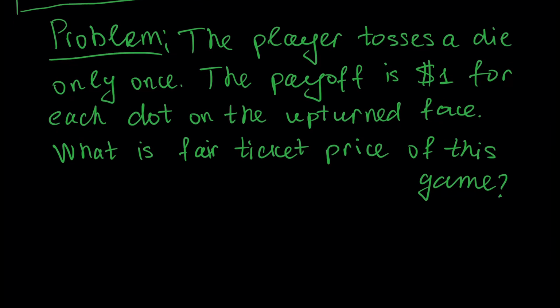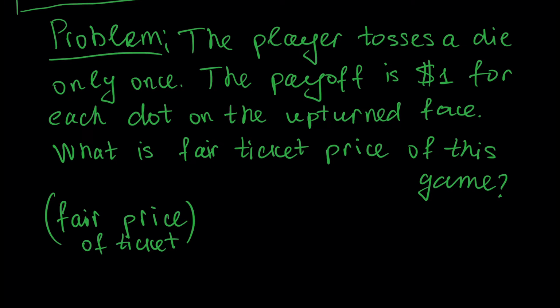The concept is that the fair price of the ticket for this game, when the player tosses a die only once, so we have only one toss, is equal to the expected value we defined earlier.